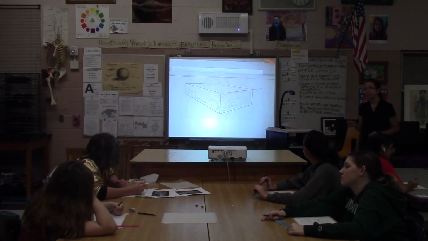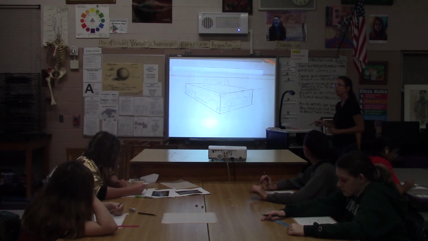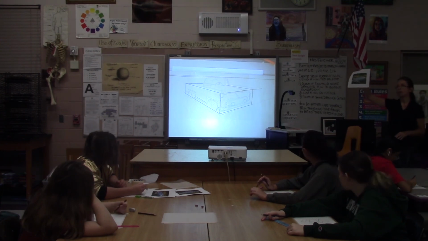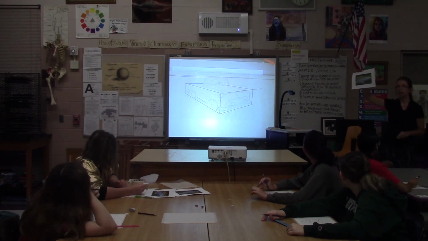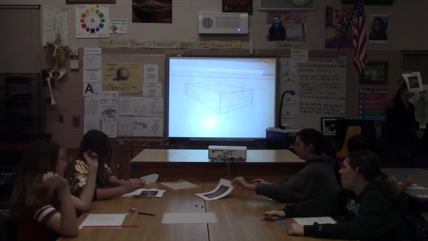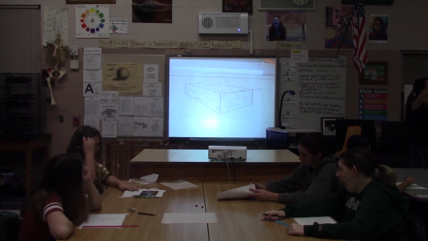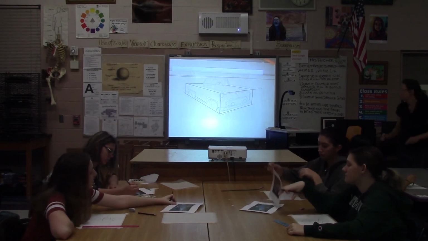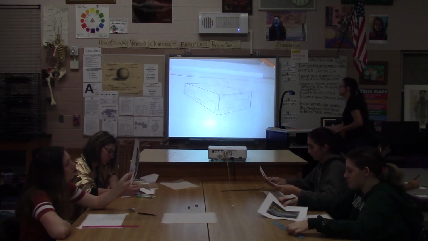Okay, so the next step is I'm going to be coming around to help you while you work independently. I want you to start identifying directly on the paper where the cube is that's below eye level. Okay? Identify the vanishing points. Identify the middle line. Just like you see here.